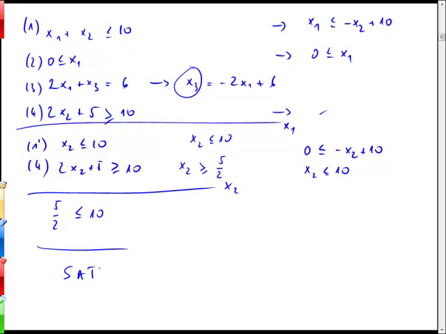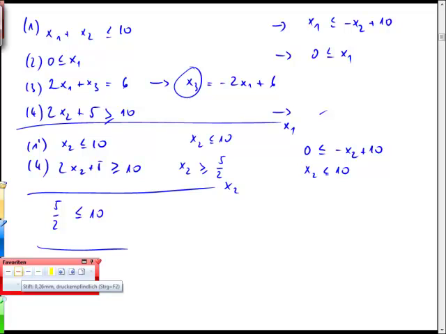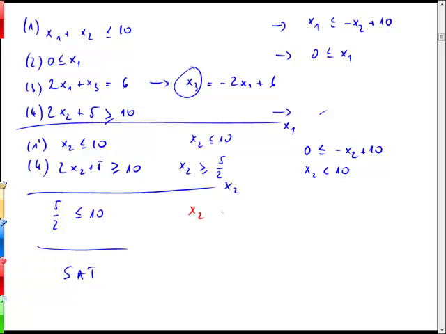Now, okay, I know that it is satisfiable, but can I also get a satisfying solution? Do you have any idea how I could get a satisfying solution from this proof? Go backward through the variables in the order we eliminated them and apply a value from the interval. For example, x2 is greater or equal 5/2 and less or equal 10, so maybe we choose 5 as a possible value.